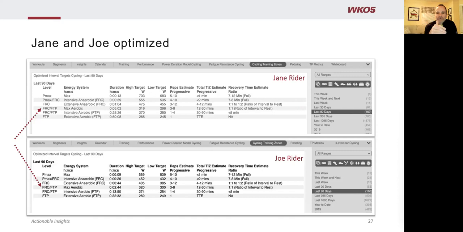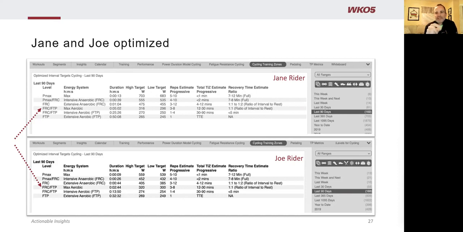Your optimized intervals and your iLevels are evolving with you or with your athlete. They're picking up micro changes in fitness and changing. It is technically feasible that your iLevels can change one or two times a week and keep your training prescription more accurate and more specific.